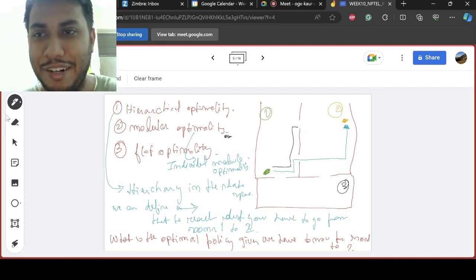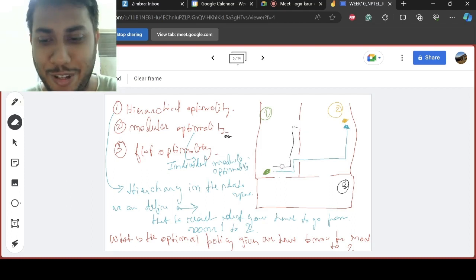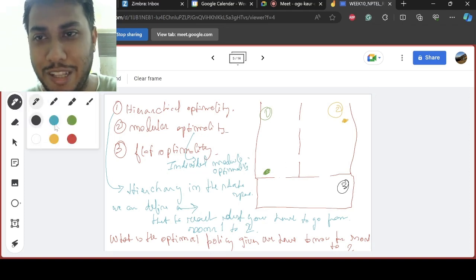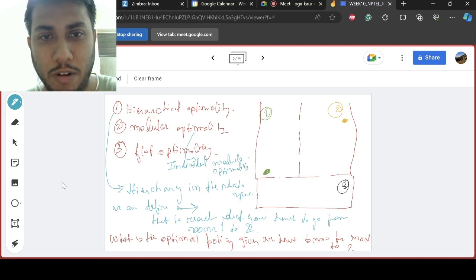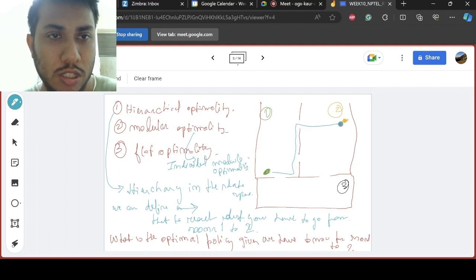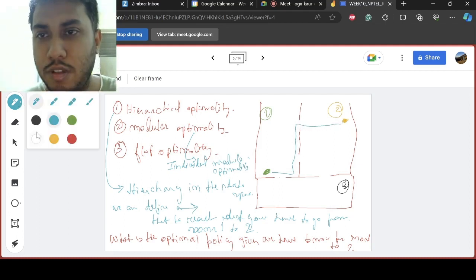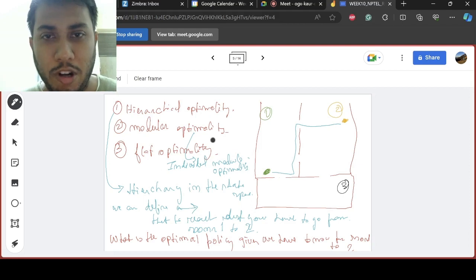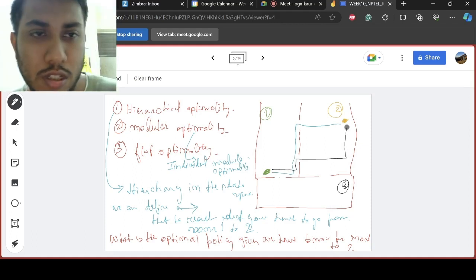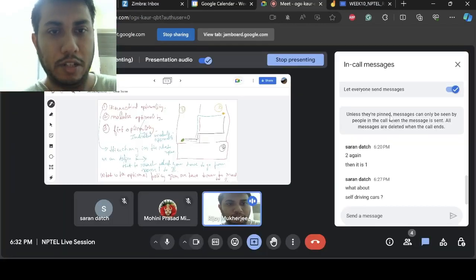Sorry, I did it completely different. So this will be the correct one. For the hierarchical approach, this should be the output, whereas for modular optimality, this should be the approach, right?